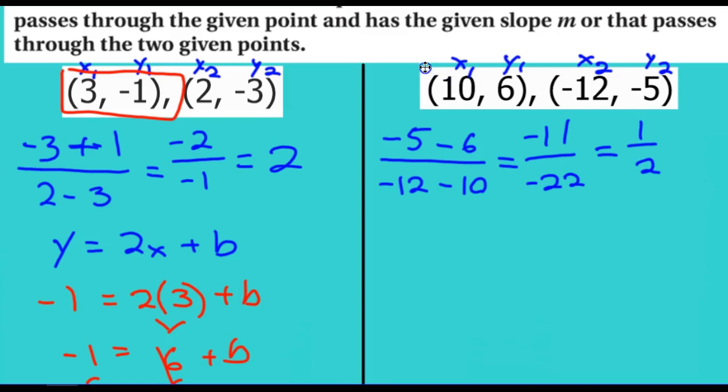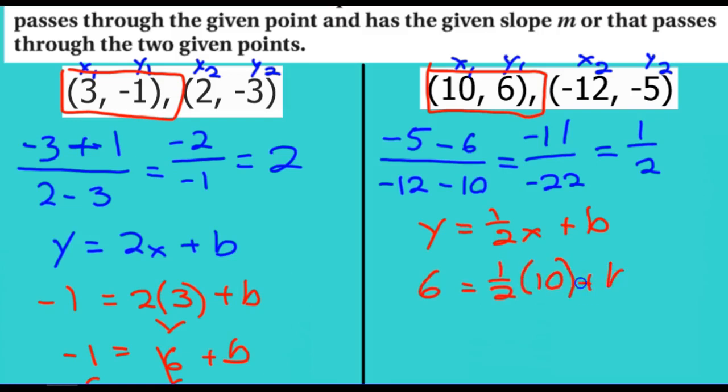So I'm just going to write our slope-intercept form equation, y equals 1/2 x plus b. But I'm going to pick 10 and 6 to put into our equation to find b. So 6 is our y, equals 1/2 times 10 plus b.